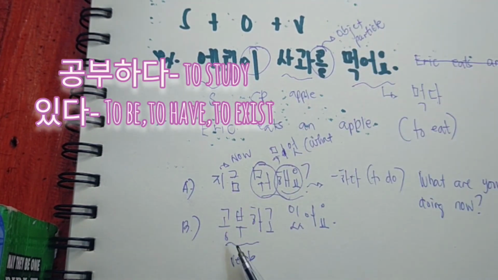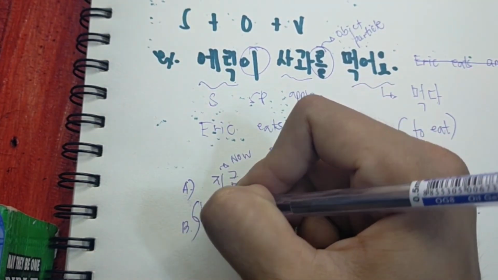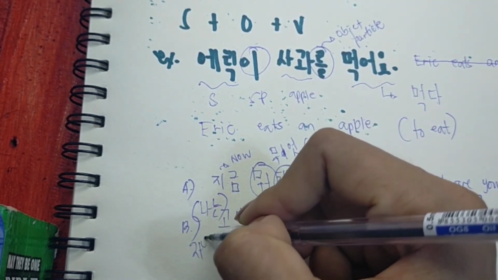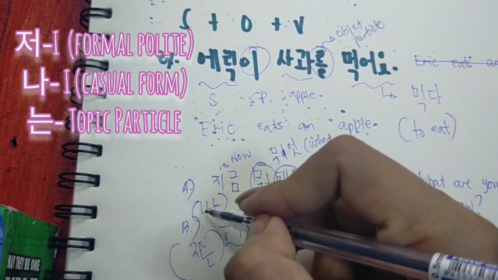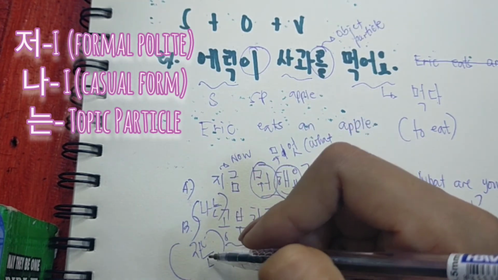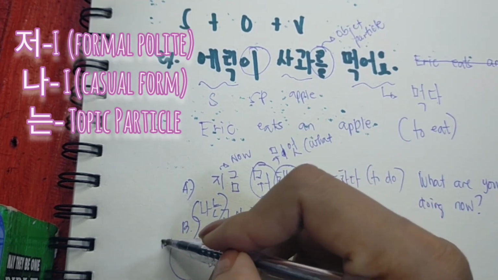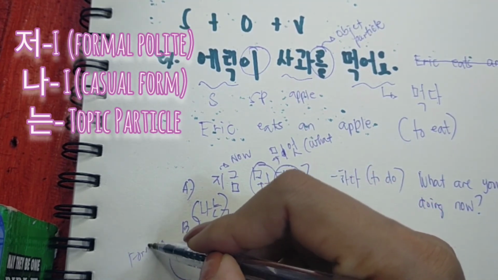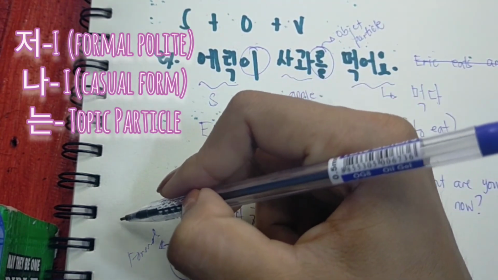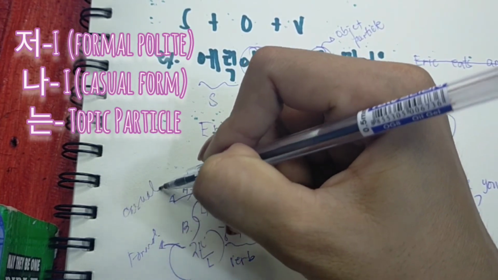So, pwede mo siyang sagutin ng 공부하고 있어요 nang walang 나는 or 저는. 저는 means I, 나는 means I din. Ang pinagkaiba lang nila is 저는 is more formal. And 나는 is casual.